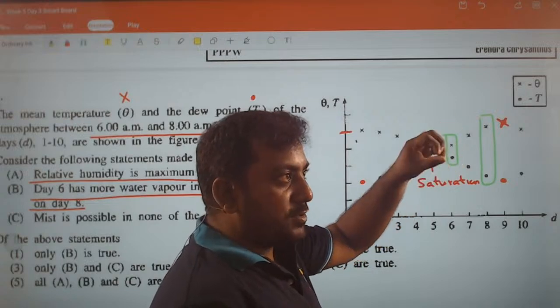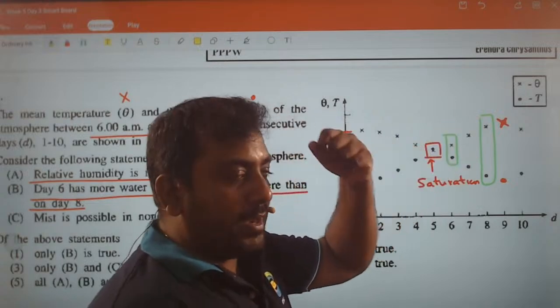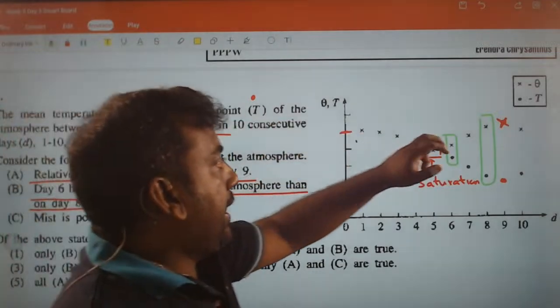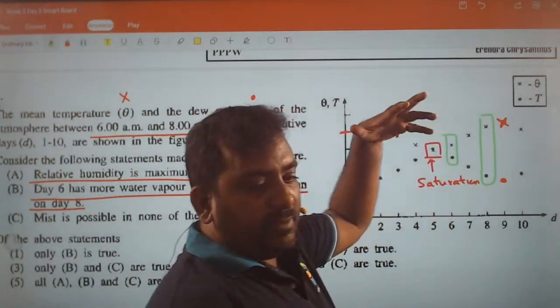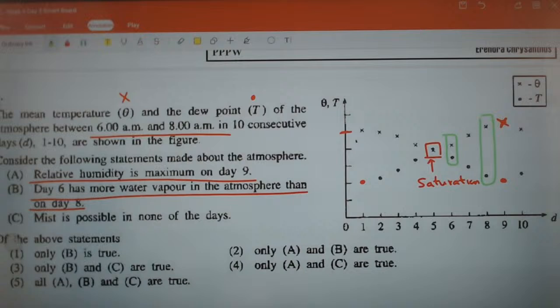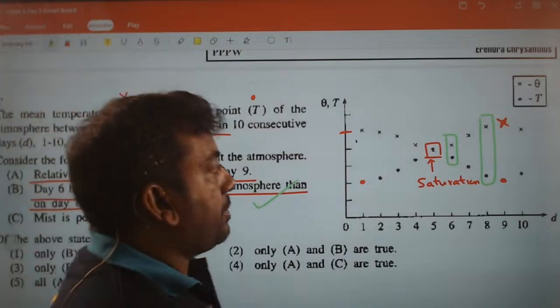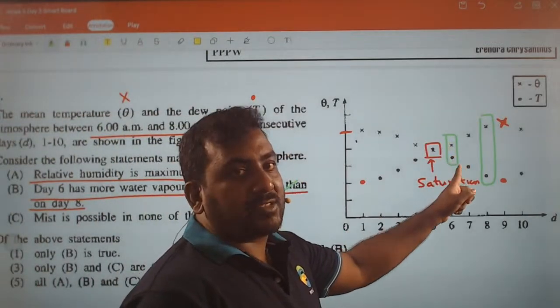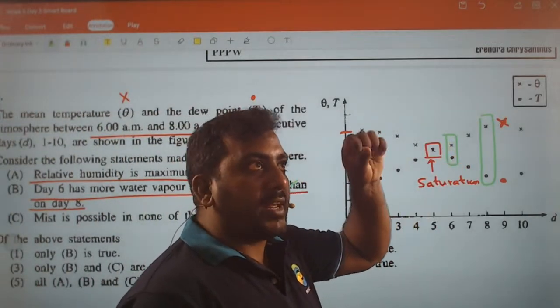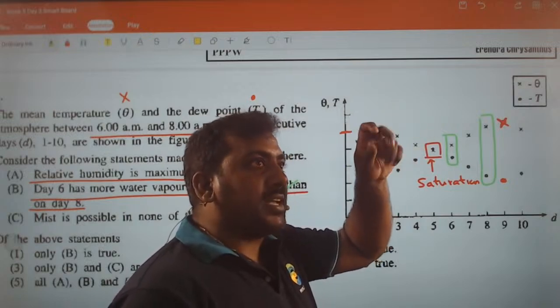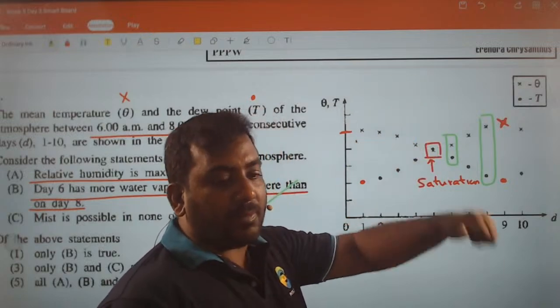Mean temperature close to dew point means the water vapor content is large. Temperature is more than dew point means the difference is large. That means the amount of water vapor in the atmosphere is low. So therefore you can say this is correct. Day 6 has more water vapor. Closer the temperature is to dew point, almost saturation is taking place, which means more water vapor in the atmosphere.